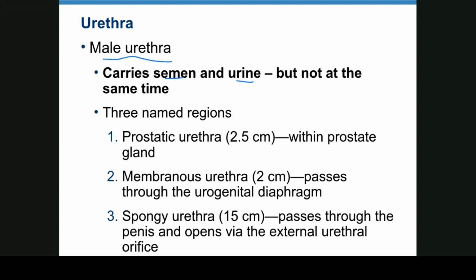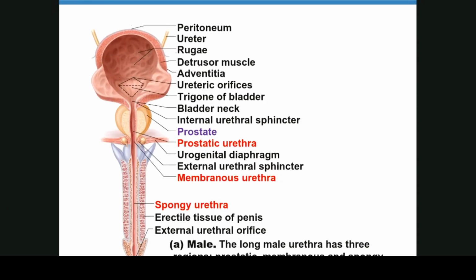Three named regions: the prostatic urethra is within the prostate gland. The membranous urethra passes through the urogenital diaphragm, and then the spongy urethra is in the penis. You see it says 15 centimeters, and it obviously changes sizes depending on what's going on.